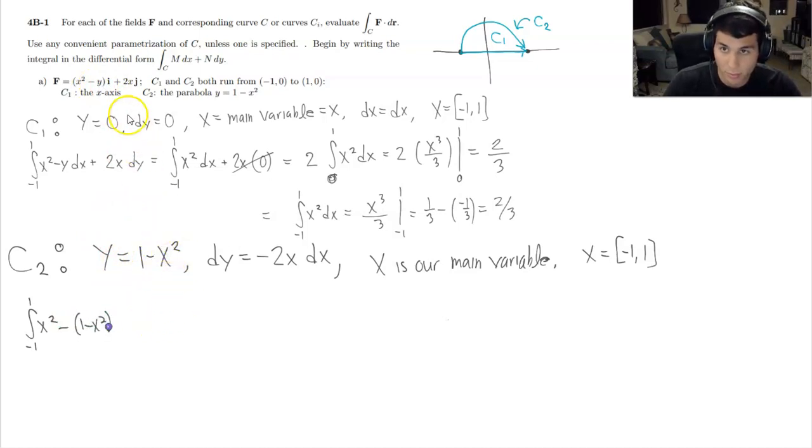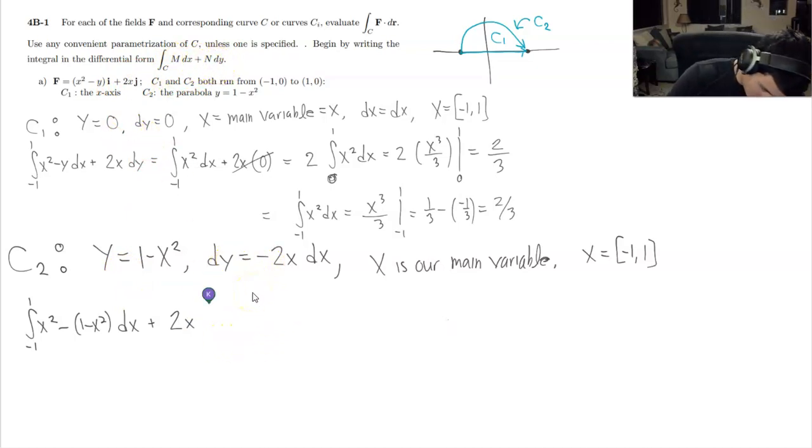And this is all dx, and dx is just dx. And then we would have 2x for n, which would be right here. N is 2x, and dy. Oh, dy is this thing. Look at that.